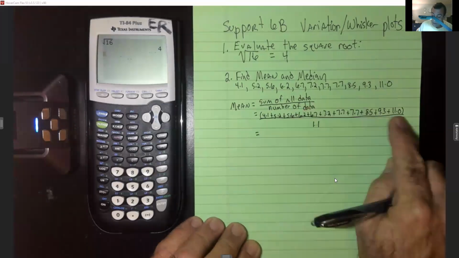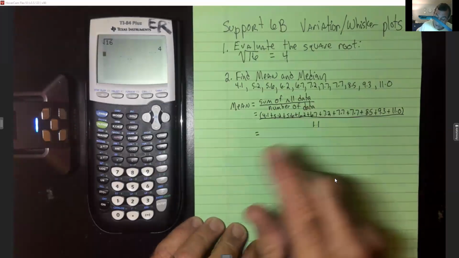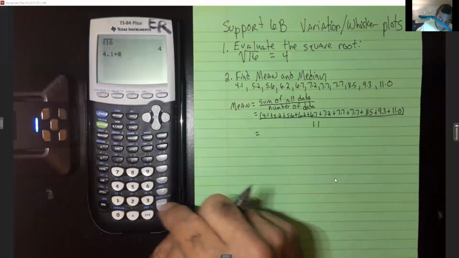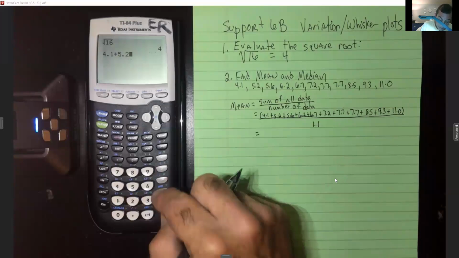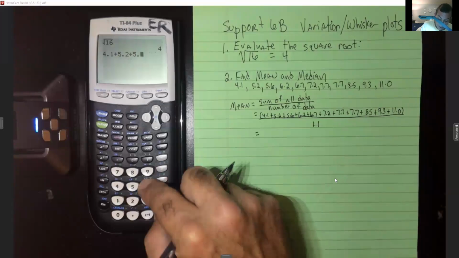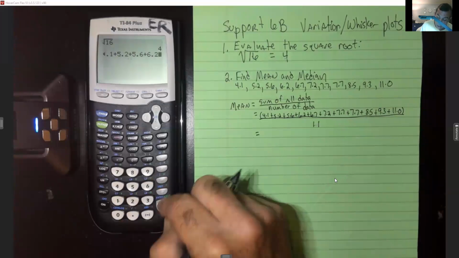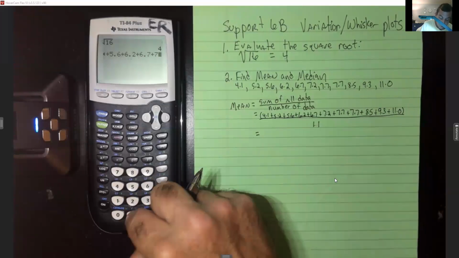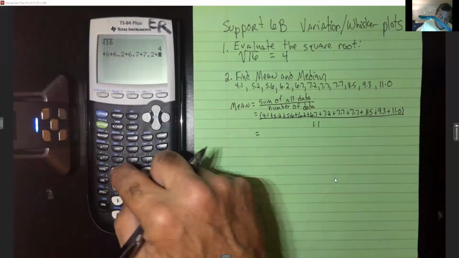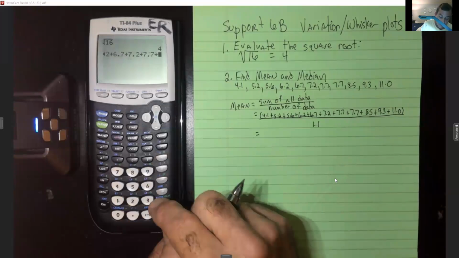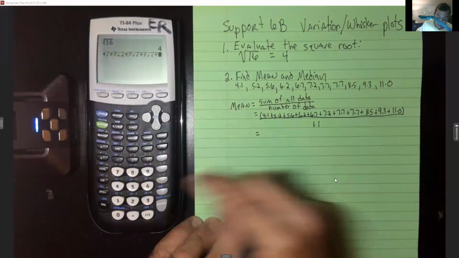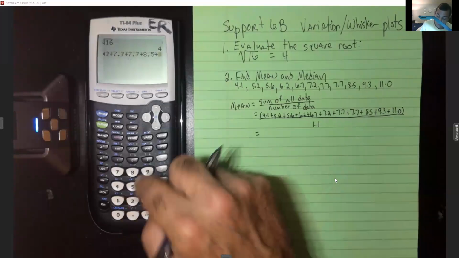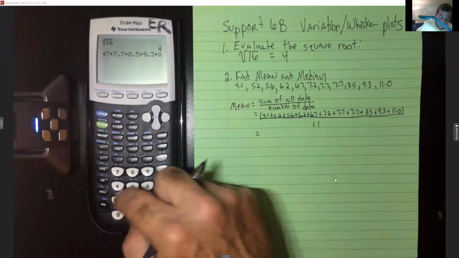All right, so on the calculator, I'm going to add all them together real quick and see what that equals. So 4.1 plus 5.2 plus 5.6 plus 6.2 plus 6.7 plus 7.2 plus 7.7 plus 7.7 plus 8.5 plus 9.3 plus 11.0.